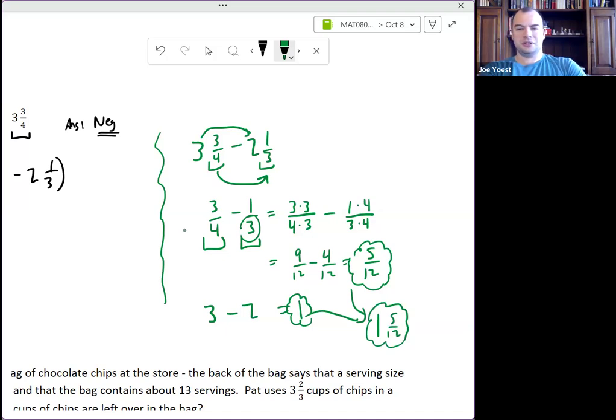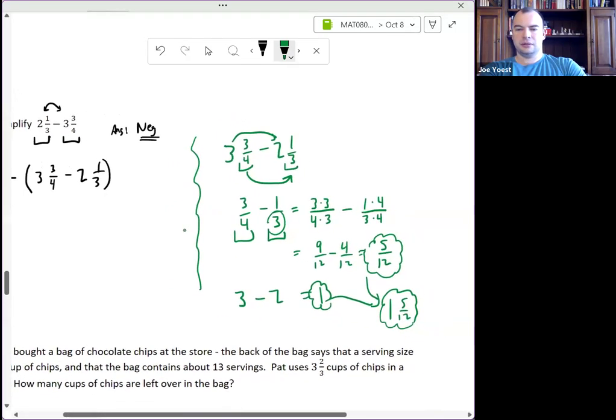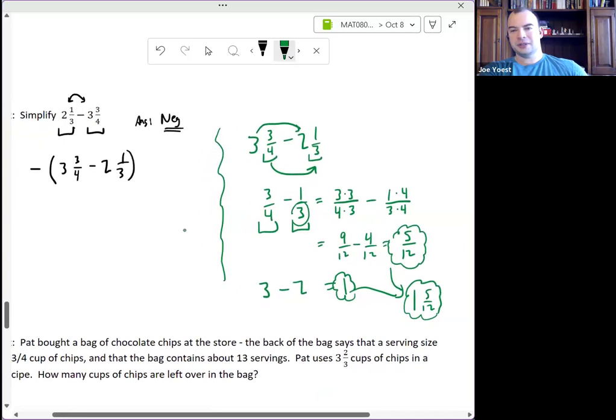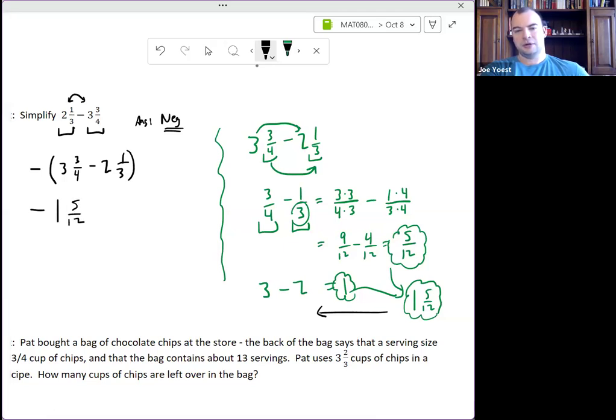But remember, this was just in the scratch work. My actual answer, bringing that back over here, is negative 1 and 5/12.